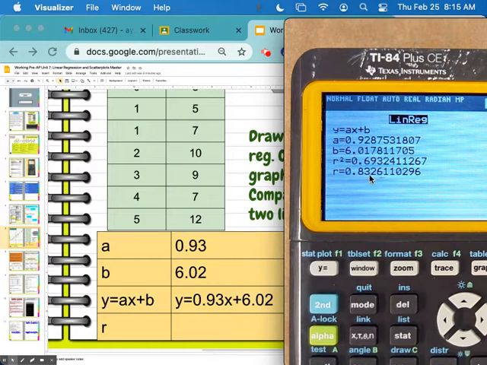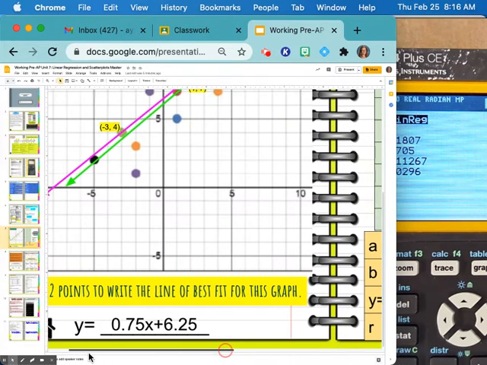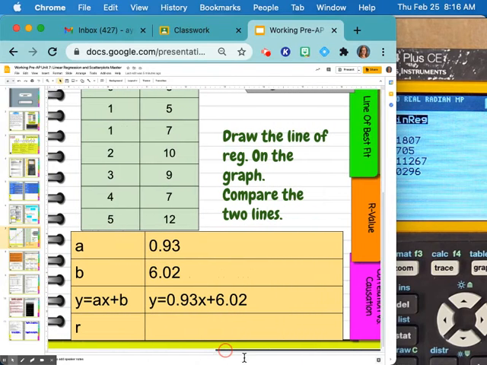So if it's 0.83 and it's also positive, what do you think would be a perfectly straight line? If this was not perfectly straight in a line and it's 0.83, it's pretty close, right? What do you think the R value would be if it was a straight line? A 1, actually, a positive 1.